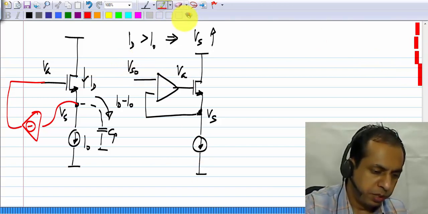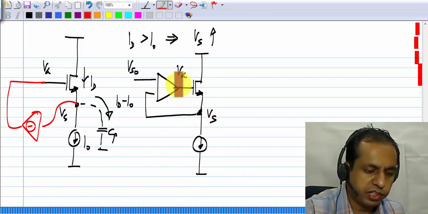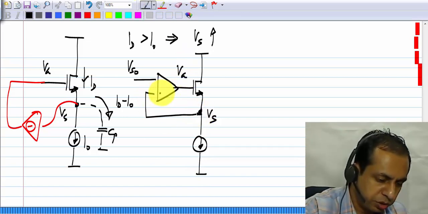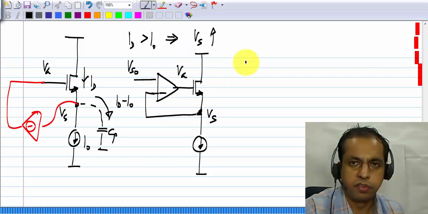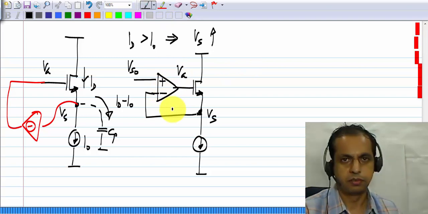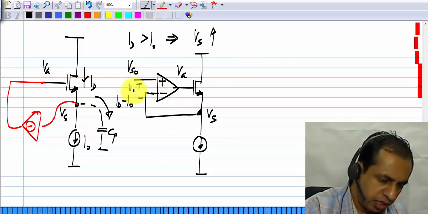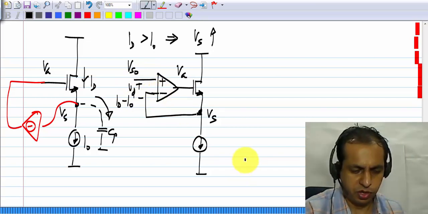Now we know that we want a negative incremental gain between this Vs and Vg, so it has to be of this sort. The signs of the op amp must be like this, and this is the differential voltage of the op amp.